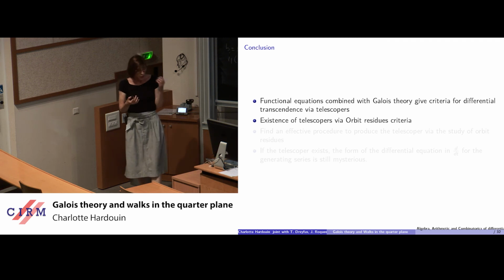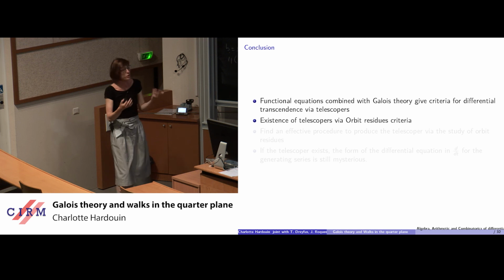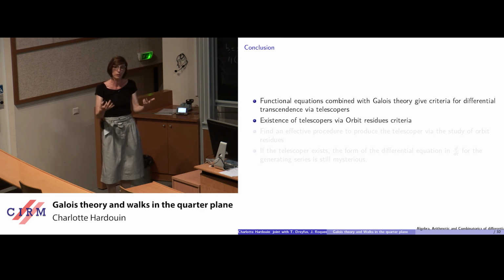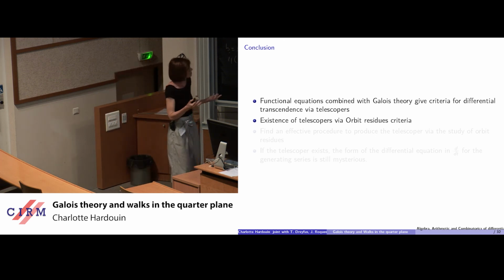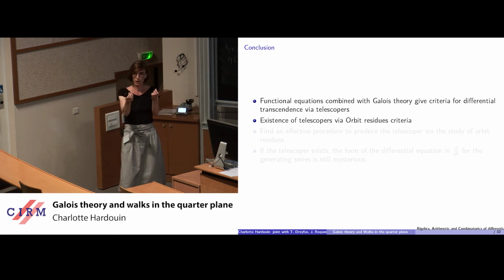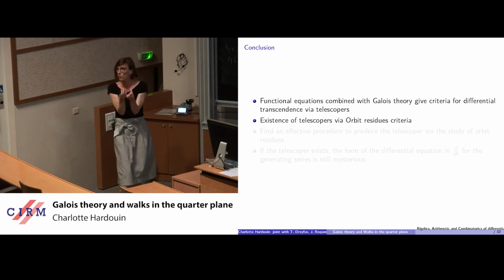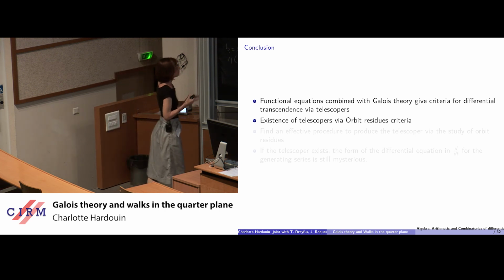Then you can wonder if the computation of orbit residues will give you a telescoper, and this is essentially our hope. For instance, in genus 1, it would be equivalent to building an elliptic function with two prescribed singularities. And this is something that can perhaps be done.